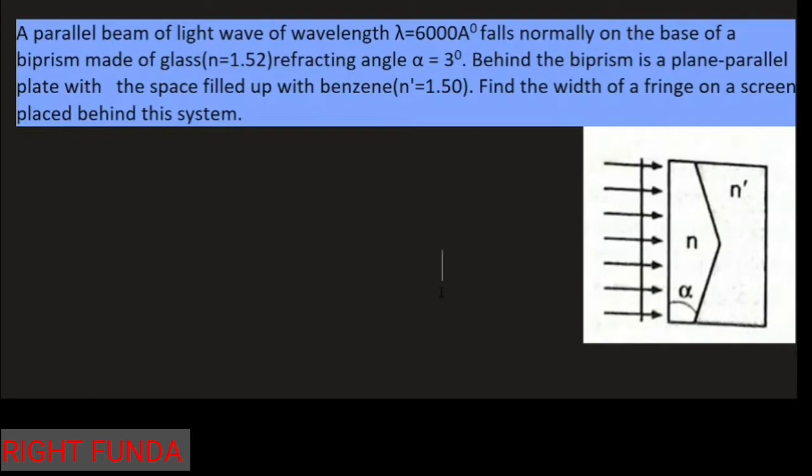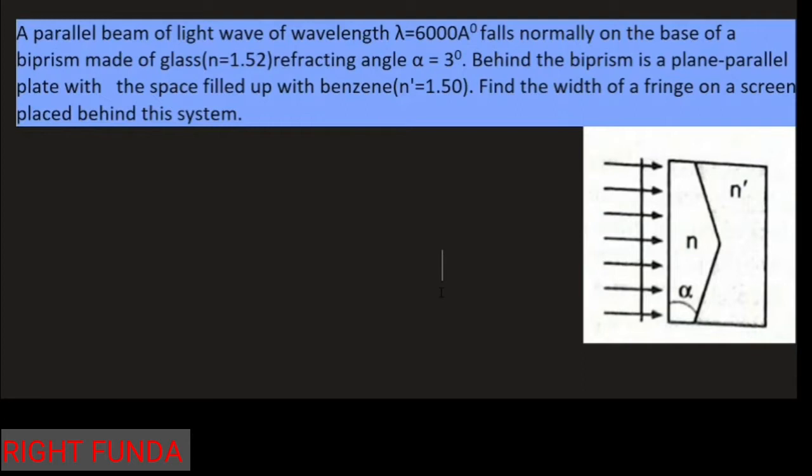Behind the biprism is a plane parallel plate with the space filled with benzene, whose refractive index is 1.5. Find the width of a fringe on a screen placed behind the system.